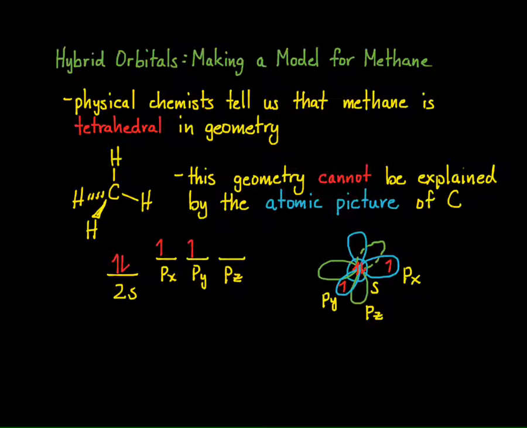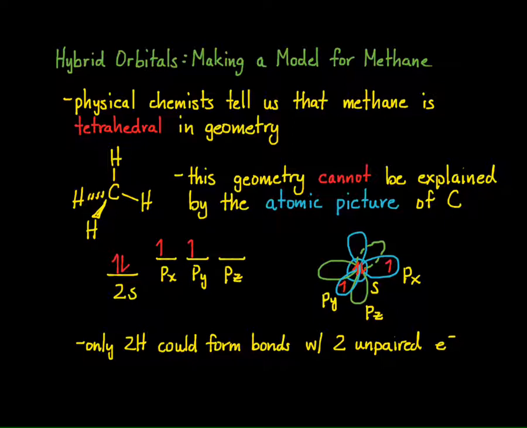Now, what does this mean in terms of forming a covalent bond with hydrogen? Remember, typically one electron comes from one atom and the other electron comes from another atom. And so only two hydrogens can form bonds with two unpaired electrons.